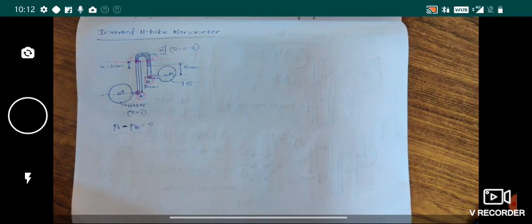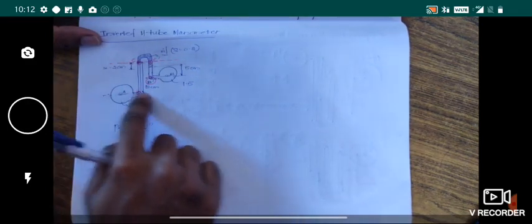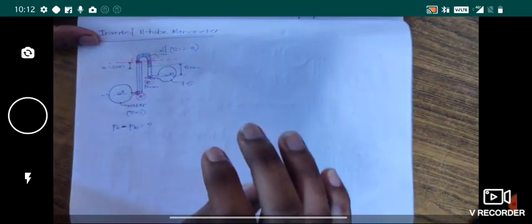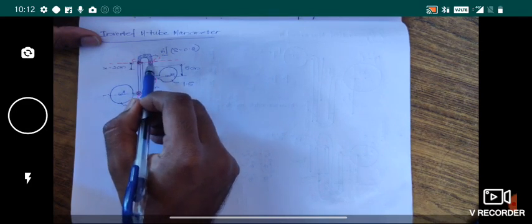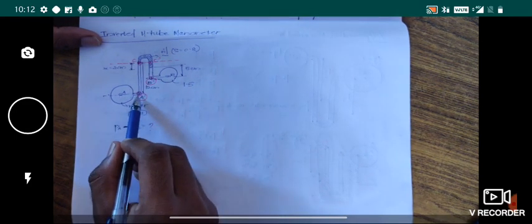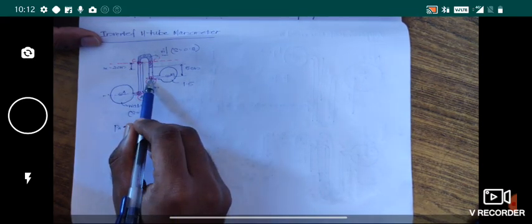Now we have learned this. We have to check 3 things. What are the 3 things? Whether we have the same horizontal level. We have the same horizontal level here also and here also. Whether it is the same liquid. You have the manometric fluid oil here and here, so no issues. Here also water and here also water. Here one liquid of 1.5 specific gravity, here also the same fluid.